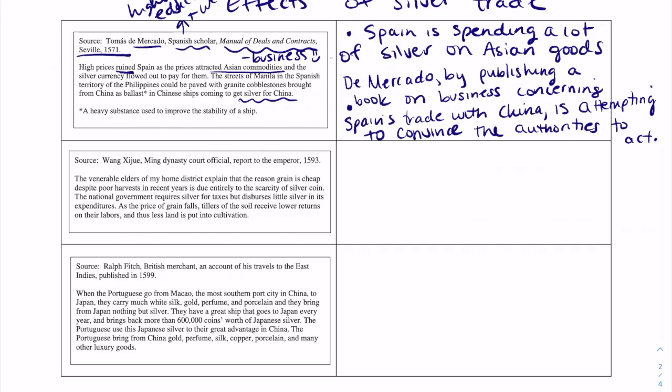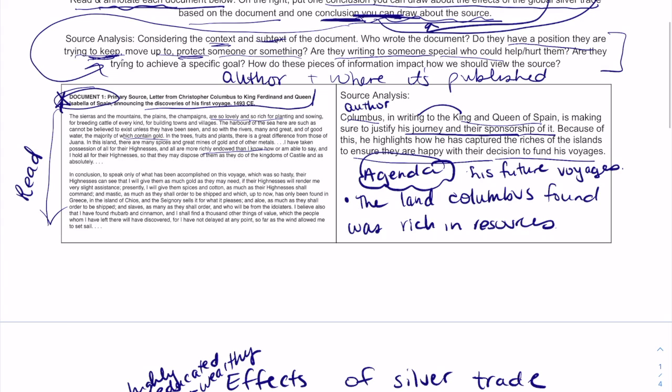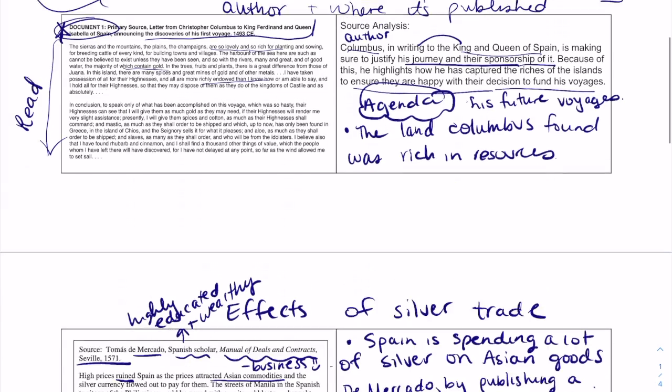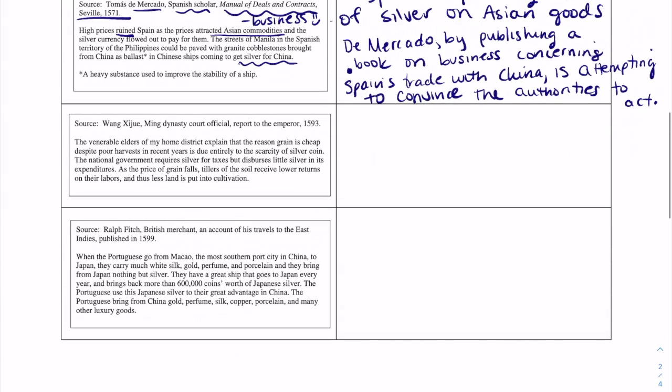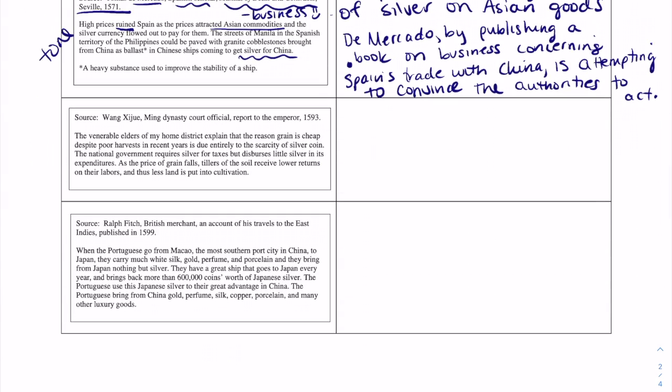That's his agenda. Columbus's agenda is ensuring that they're happy with their decision to fund his voyages. And based on the tone that this guy has used, I'm drawing the conclusion that he wants to convince the authorities to act. That's kind of what I think he's trying to do.